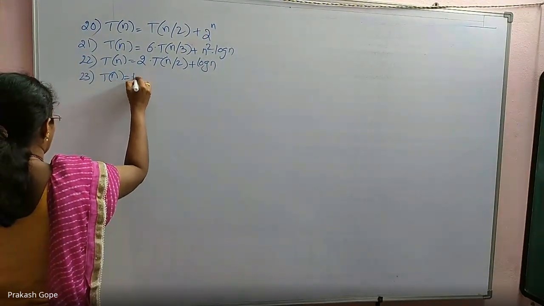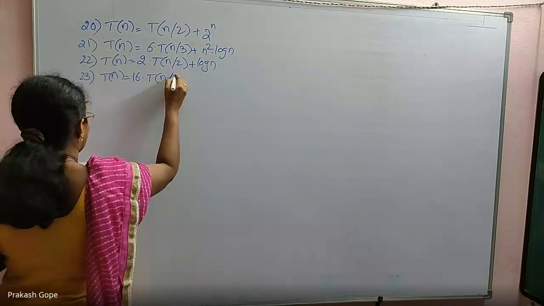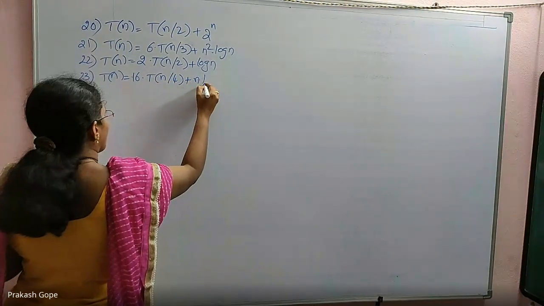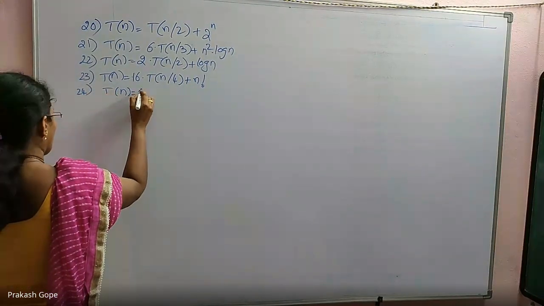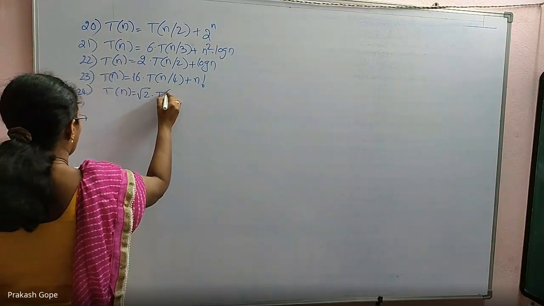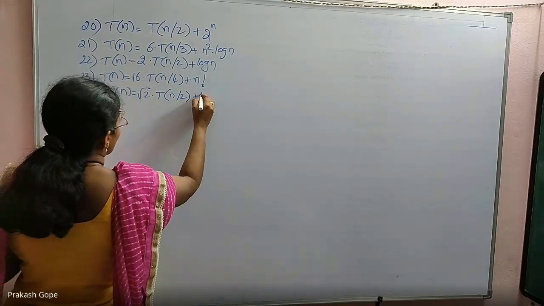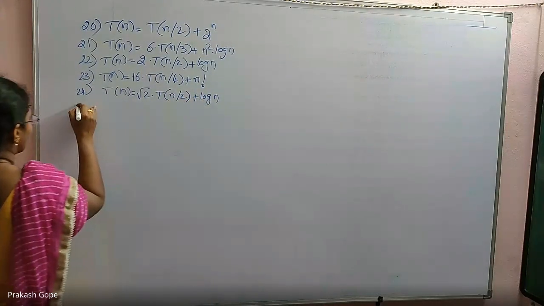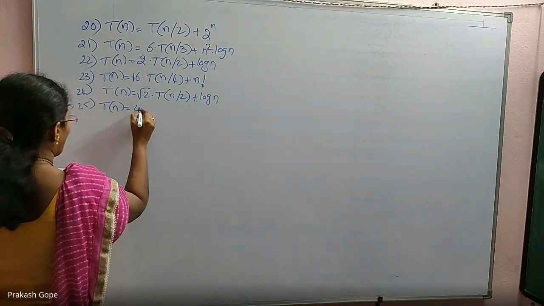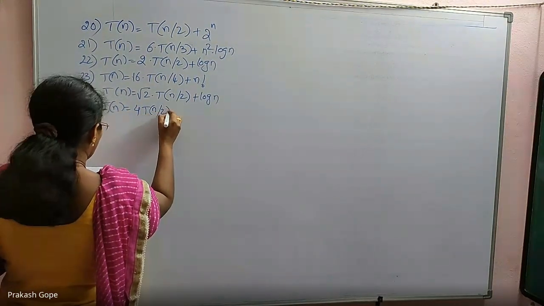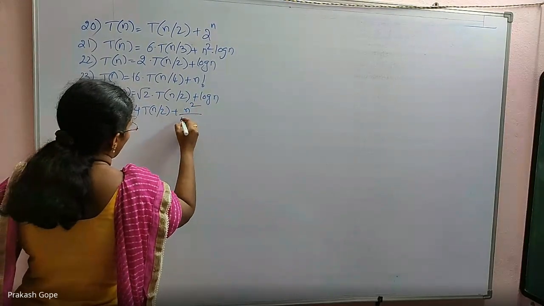T of n is 16 into T of n by 4 plus n factorial. T of n is root 2 into T of n by 2 plus log n. T of n is 4 into T of n by 2 plus n square by log n.